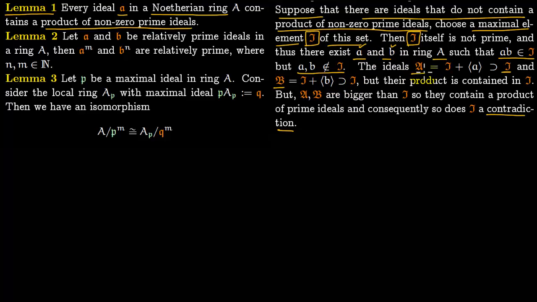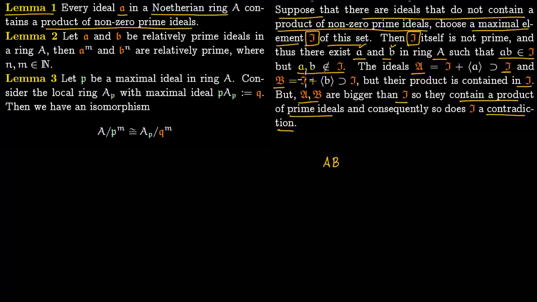If you find the product of the ideals 𝔄 and 𝔅, their product is contained within I, because ab lies in I and everything else has a product with I, so they lie in I. But 𝔄 and 𝔅 are bigger than I, so they do not lie in this set which has maximal element I. So they must contain a product of prime ideals.